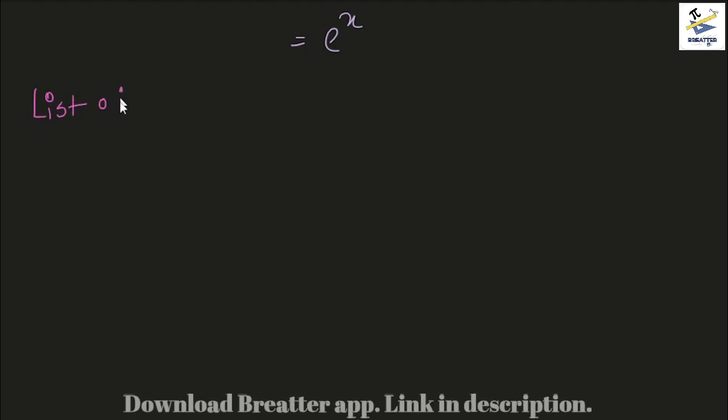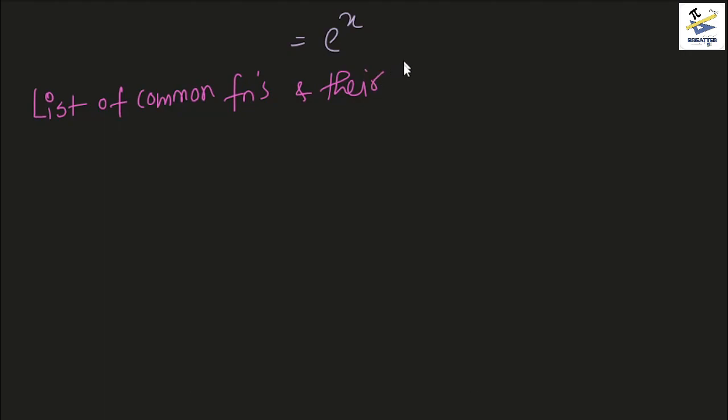List of common functions and their derivatives. From the next video onwards we would be trying to apply them and learn more about the chain rule. The more we learn about the chain rule, the better.